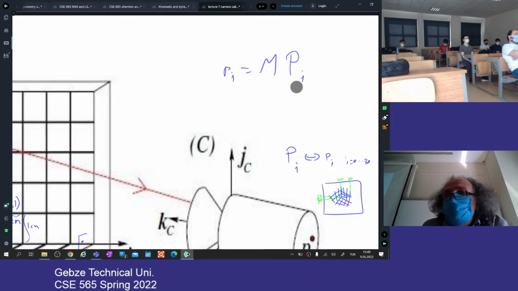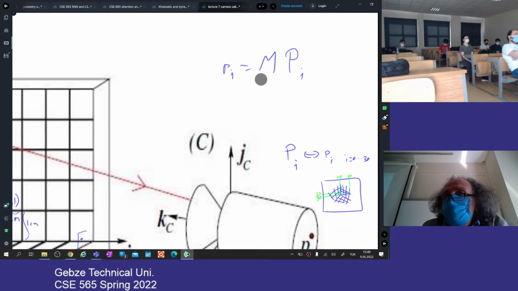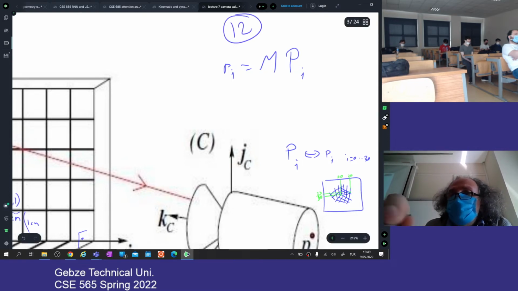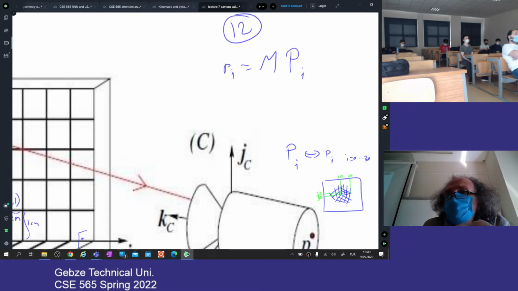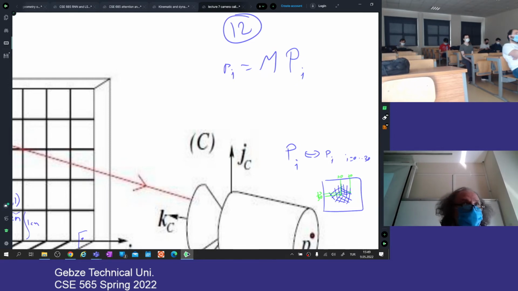Each correspondence will give me something about this projection matrix M. Inside the projection matrix M, I have 12 unknowns, right? If I have 12 equations, then I can calculate this M, and I can find the projection matrix M.